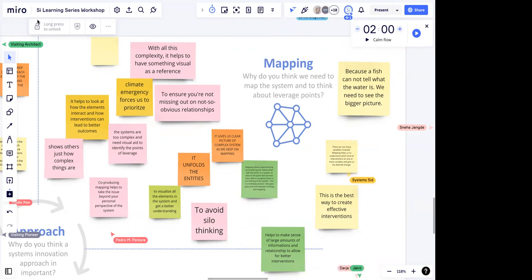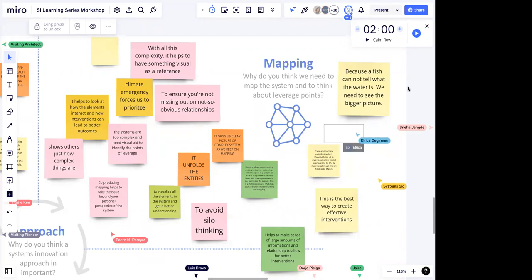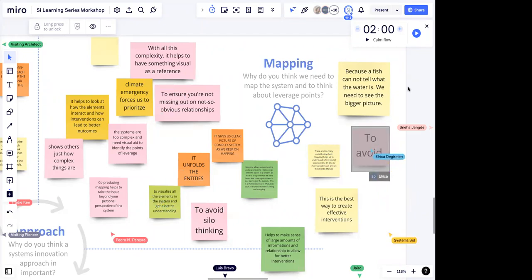So we need to take a few steps back to see the bigger picture, to see the entire connections, relationships between different stakeholders and actors. That's what I mean. So the mapping does provide exactly that. You can see the entirety in a very small space.